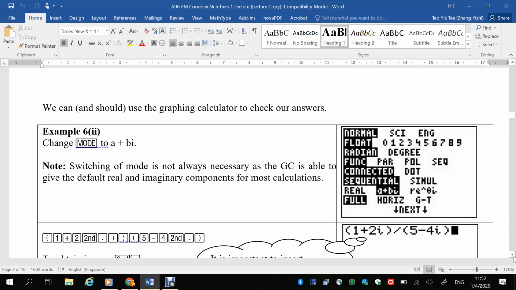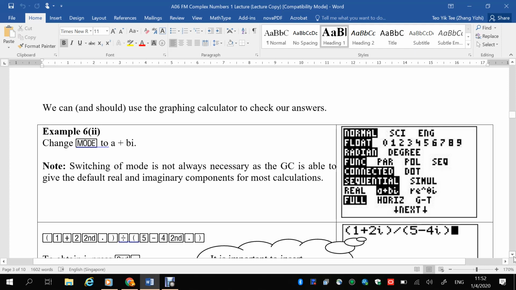By default, even after you reset your calculator, it doesn't matter. Your calculator can function in complex number mode even after reset. So you don't have to do any settings to your calculator. Automatically it can function. Just do some practice. What is (1 plus 2i) divided by (5 minus 4i) on your calculator? Just key it as it is. i is located above the decimal point.